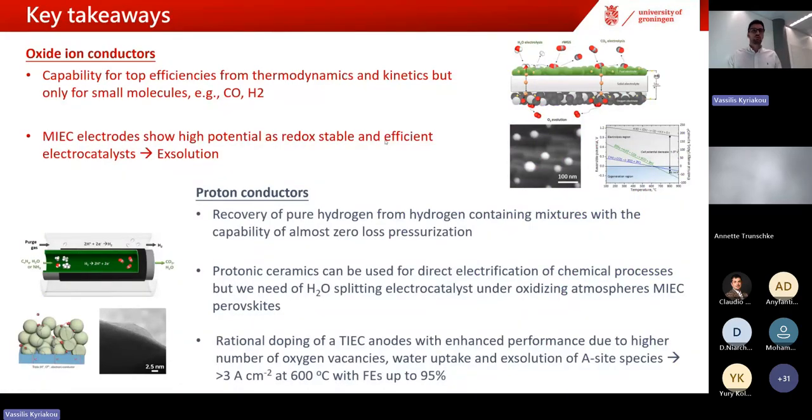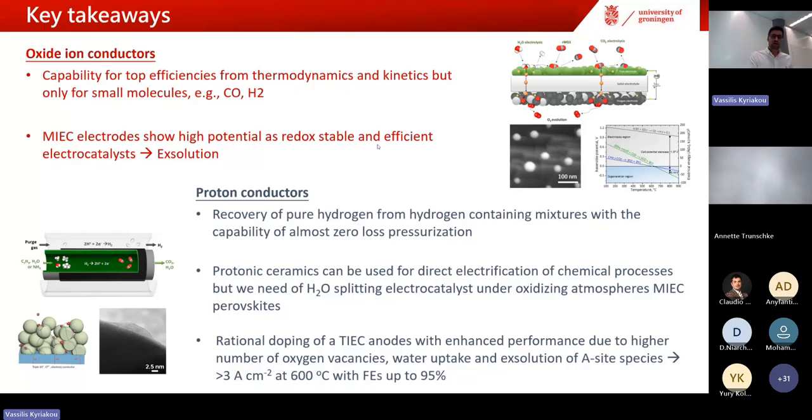Now this leads me to the summary. There are some messages that I would like to leave you with. First of all, at high temperature in solid oxide cells, both types of conducting cells, oxygen-ion and protonic ceramic cells, we have to see them as reactors. At high temperature in solid oxide cells, we can target products like hydrogen and carbon monoxide with high efficiency.